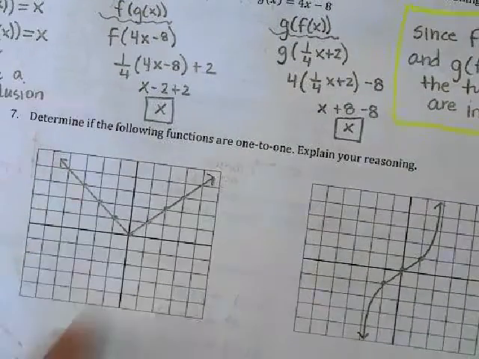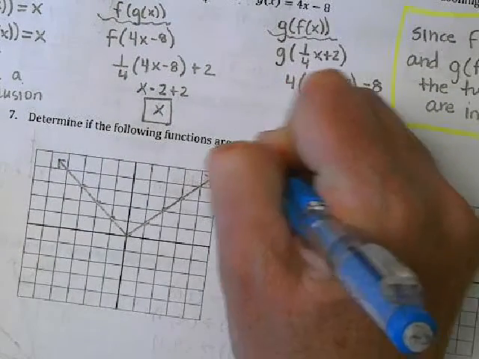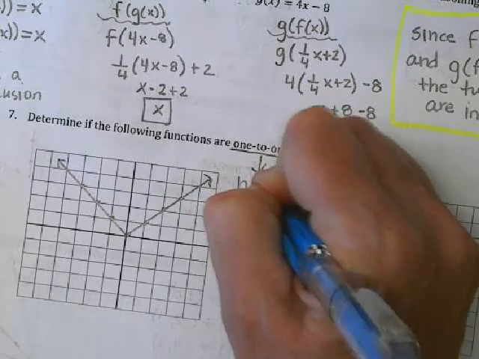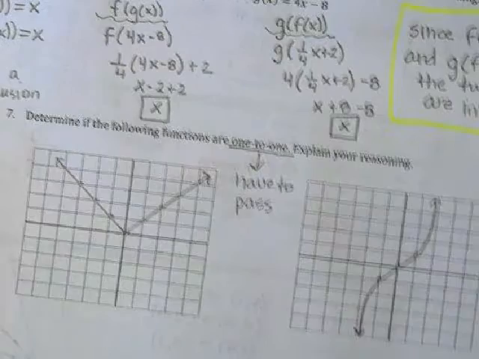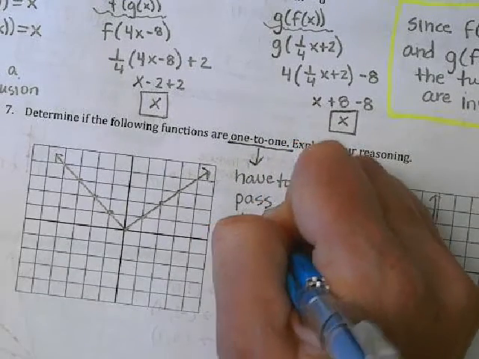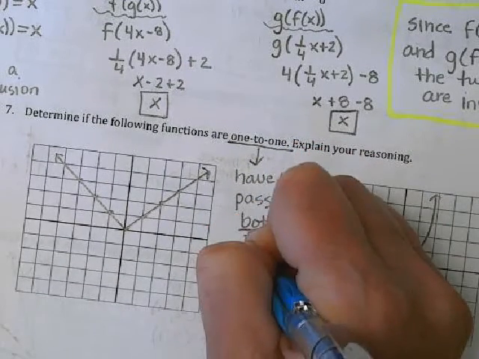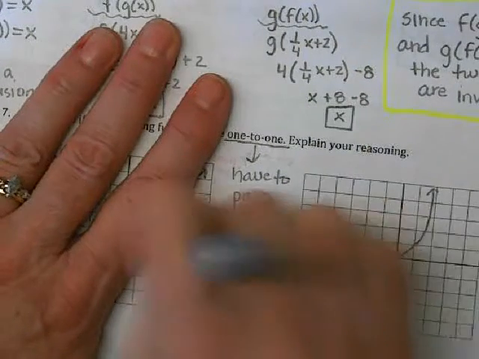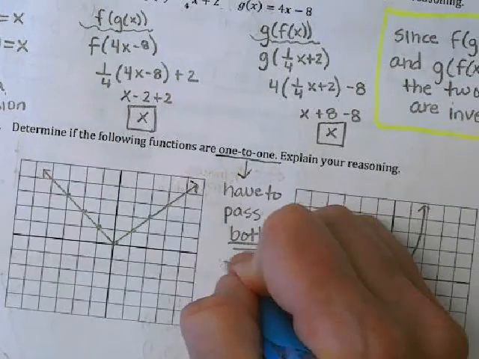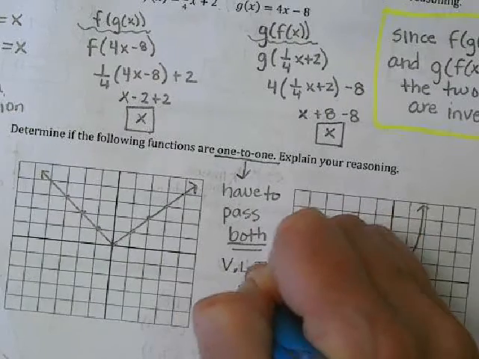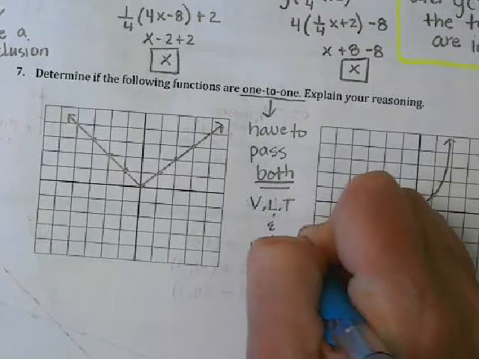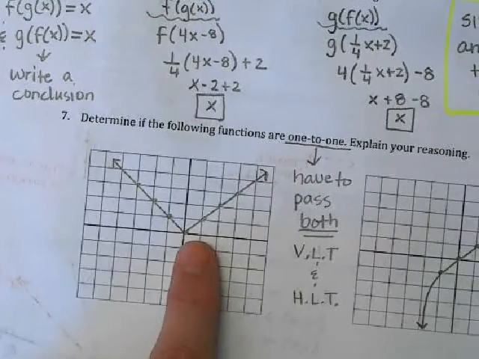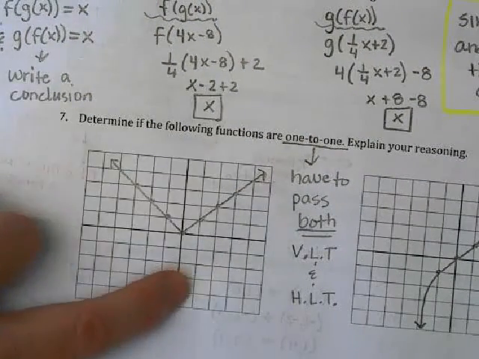Okay, the last one is to determine if the functions are one-to-one. What that means is that they have to pass both the vertical line test and the horizontal line test. So if I look at this first one, this definitely passes the vertical line test.